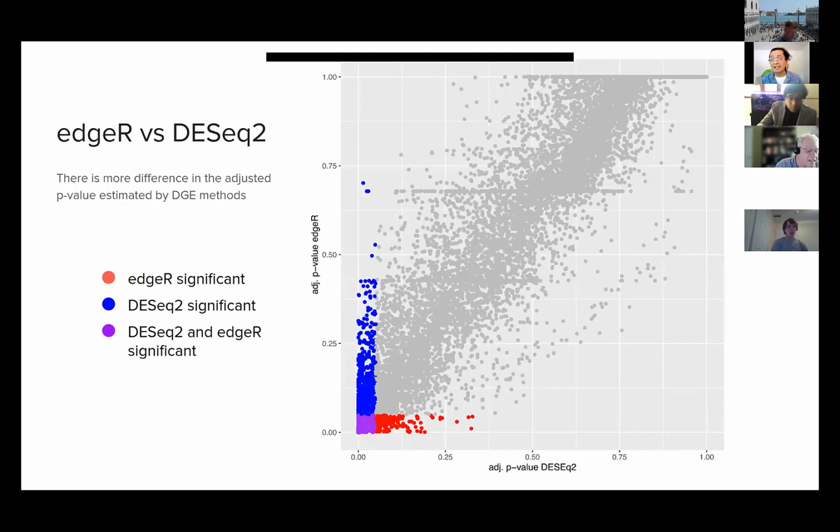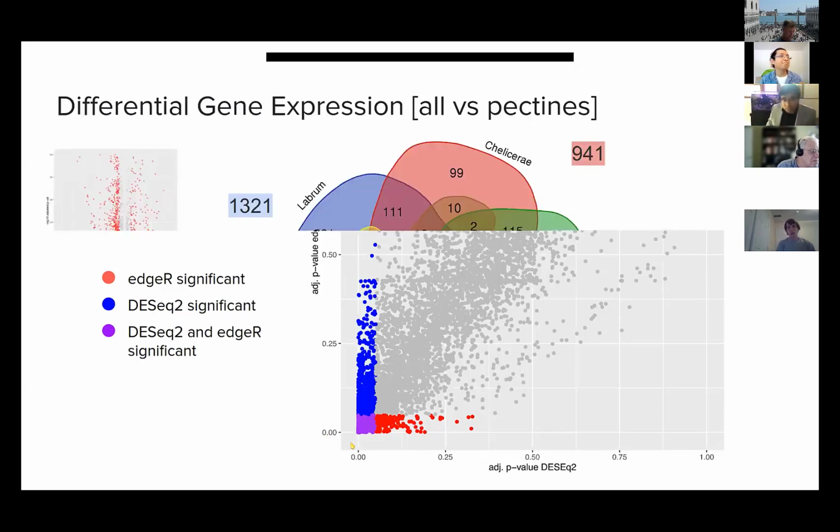And this is exactly what is represented here. So instead of focusing on one or the other, I'm going to consider as differentially expressed only those genes that were identified by both methods. So in this case, represented by these purple dots.